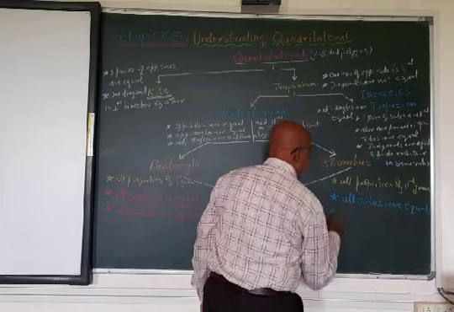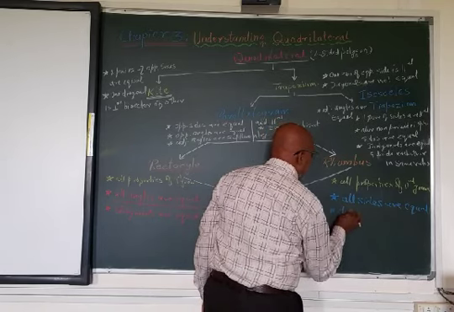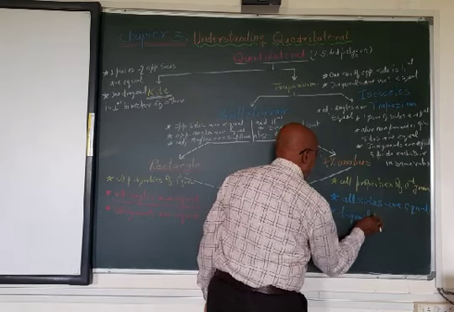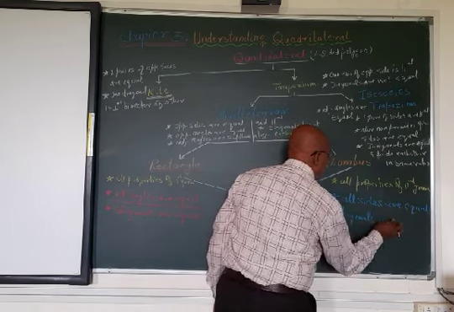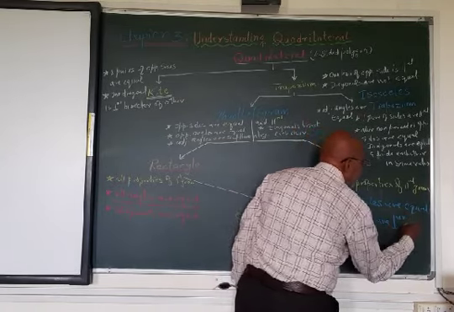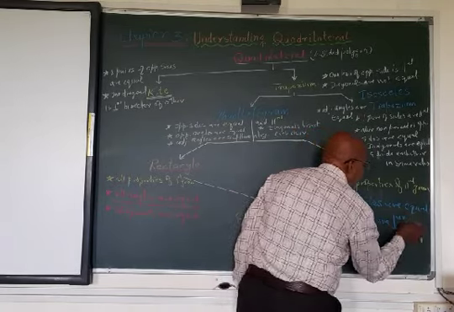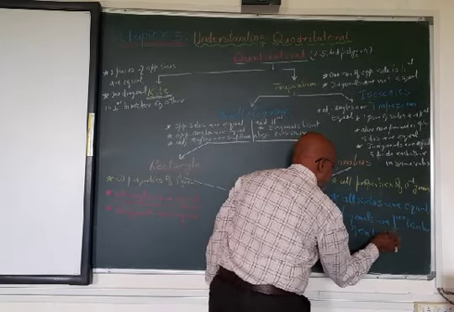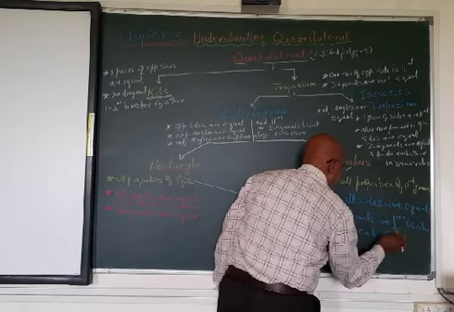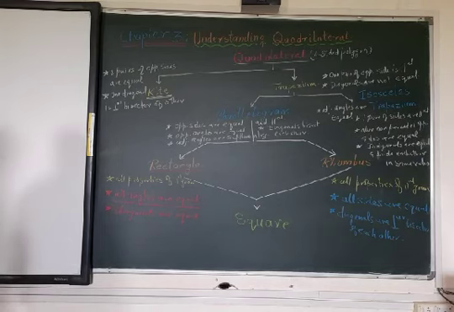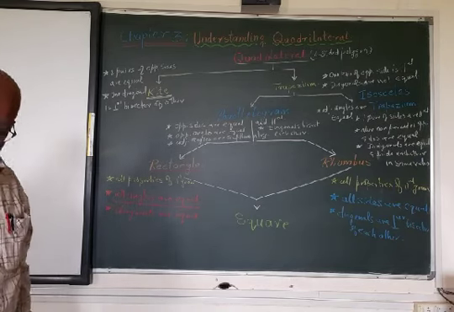And diagonals are perpendicular bisector of each other. Diagonals are perpendicular bisectors of each other.